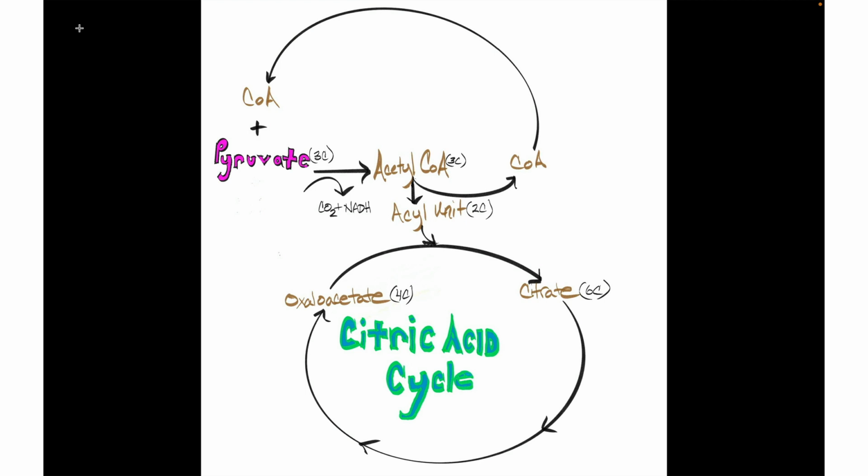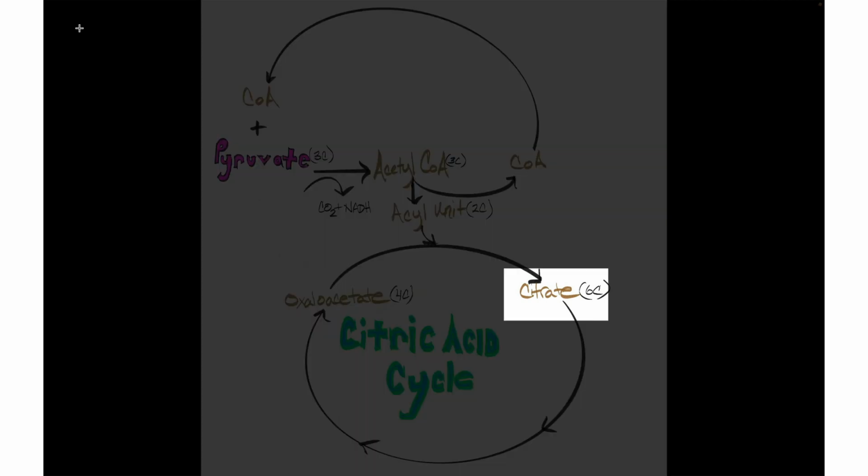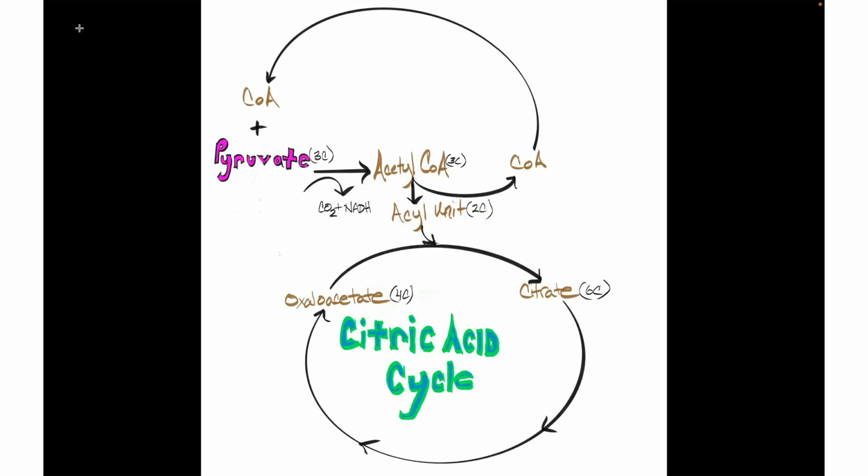Oxaloacetate reacting with that 2-carbon molecule is going to produce citrate, and then that's going to proceed through the citric acid cycle, making some ATP, but primarily making NADH and FADH2, which will shuttle electrons to the electron transport chain. Because it is a cycle, it's always going to end up producing oxaloacetate, which, provided any more of the acyl unit, will produce more citrate, and this process or cycle will continue.